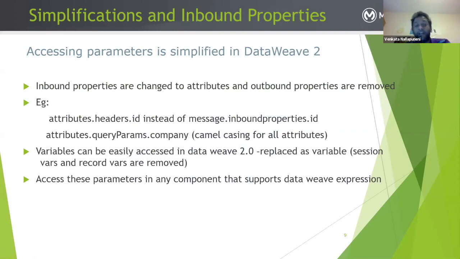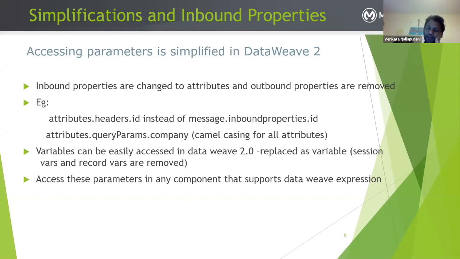And one important aspect, although it may not be relevant to Dataweave, I can say variables are just variables in Mule 4. So the session variables and record variables are removed, just the variables. You can simply specify as vars dot, whatever the variable name is. So we can access these parameters in any component.